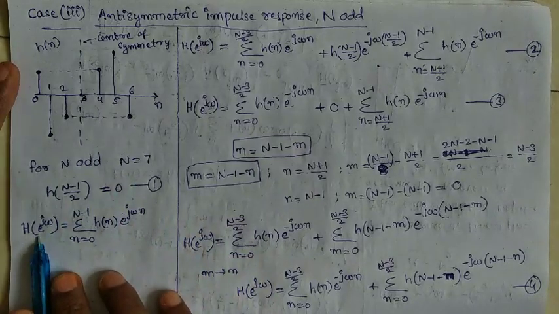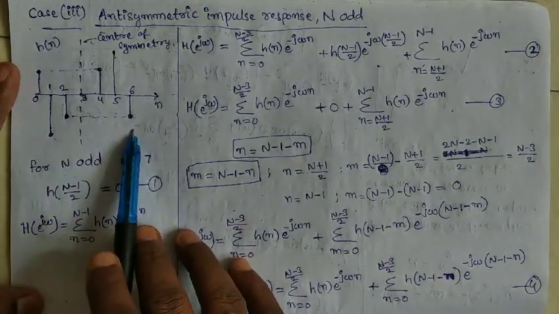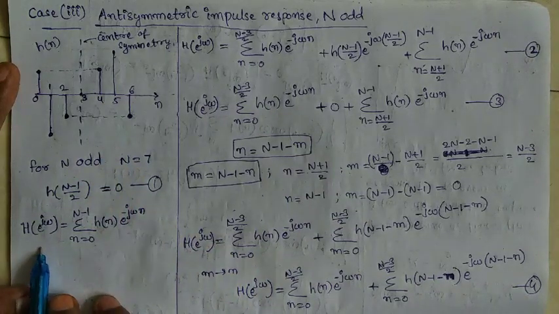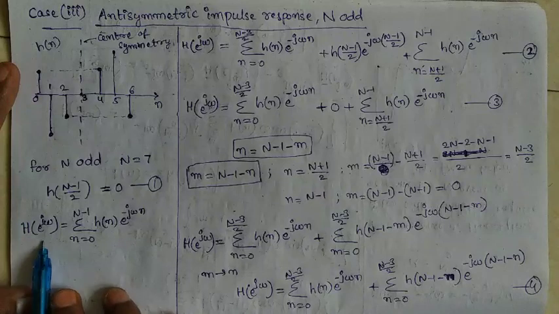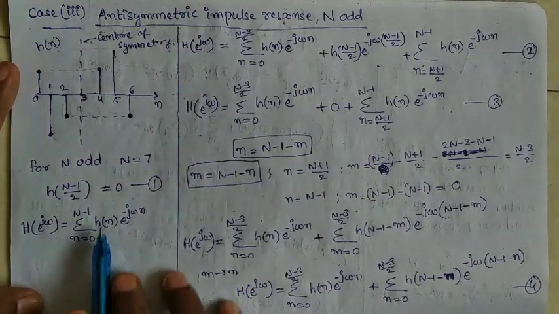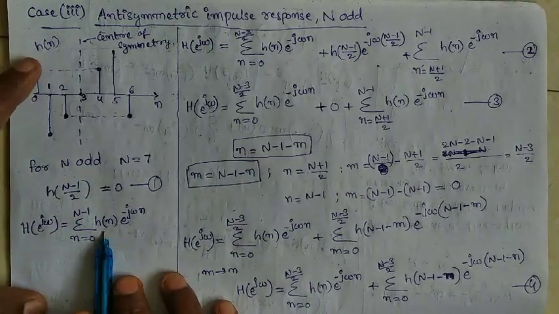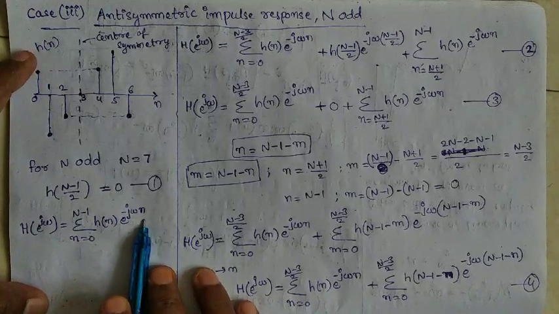How to determine the frequency response of the anti-symmetrical impulse response? It is the Fourier transform of the impulse response. How to calculate it? H of e power j omega is equal to summation n equal to 0 to capital N minus 1 of h of n into e power minus j omega n.